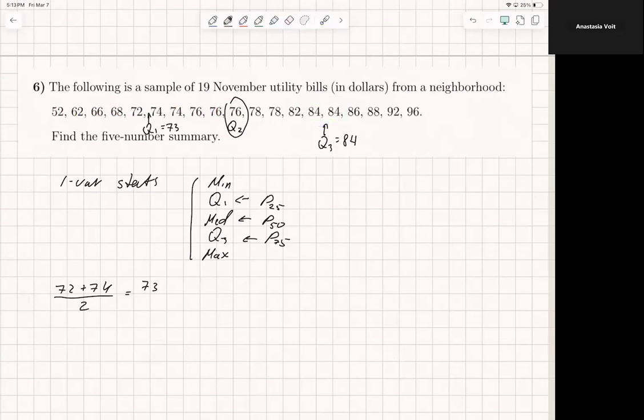And again, minimum is just the smallest value, and maximum is the greatest value. So in this case, our minimum is 52, our Q1 is 73, our median is 76, our quartile 3 is 84, and maximum value is 96. So this is our 5-number summary.